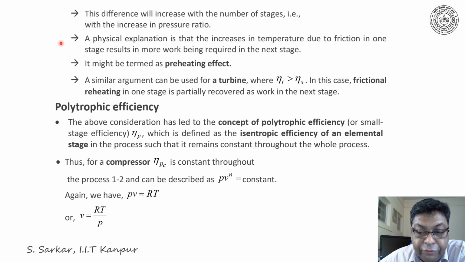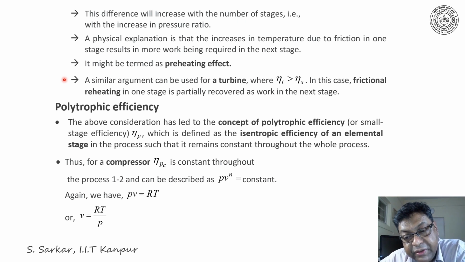That is, in case of compression, the frictional effect is considered a loss. A similar argument can be given for a turbine, where eta T is greater than eta S, and this difference between eta T and eta S increases with the pressure ratio. Thus, in this case, the frictional reheating in one stage is partially recovered as work in the next stage.